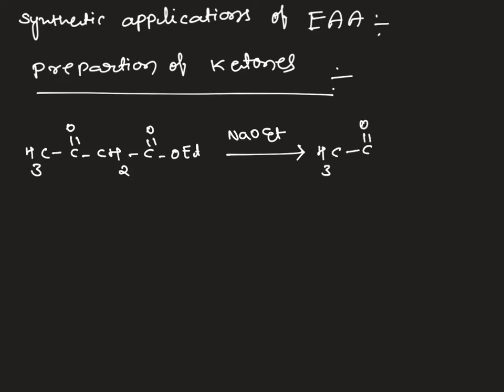Which hydrogen can it abstract? Acidic hydrogens. The active methylene group present in the ethyl acetate has two hydrogens, and those are highly acidic.